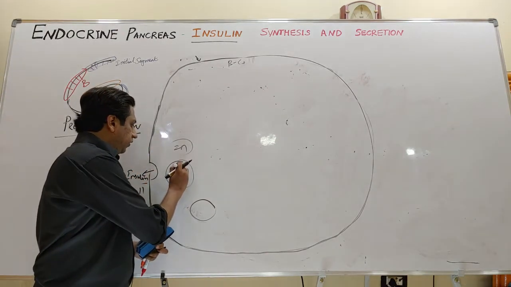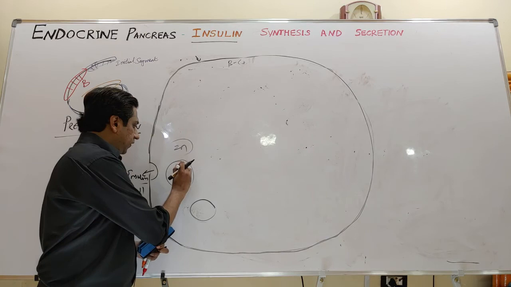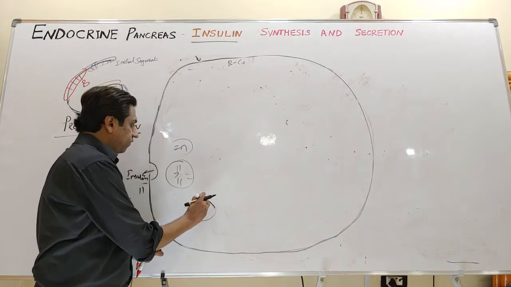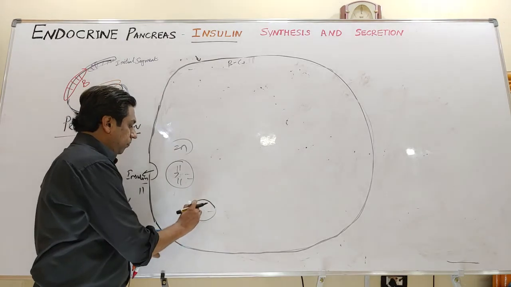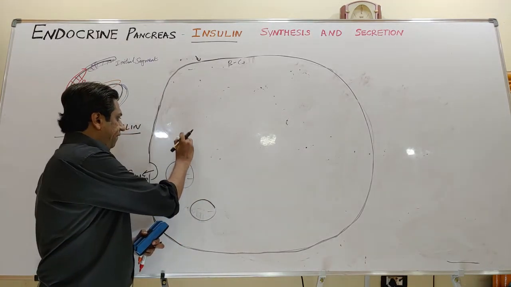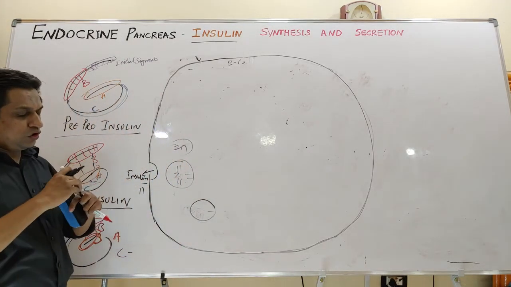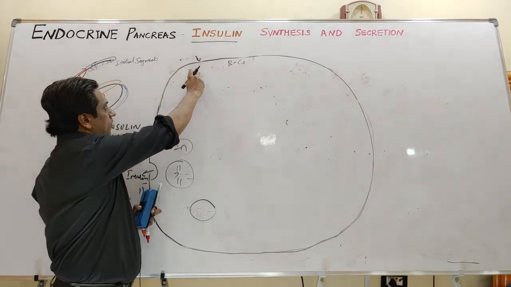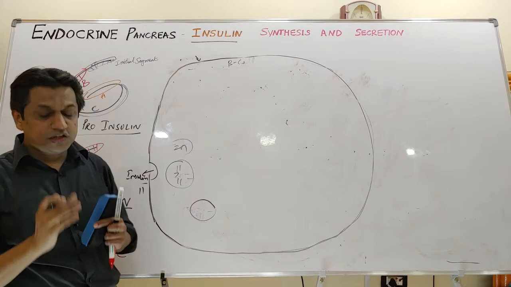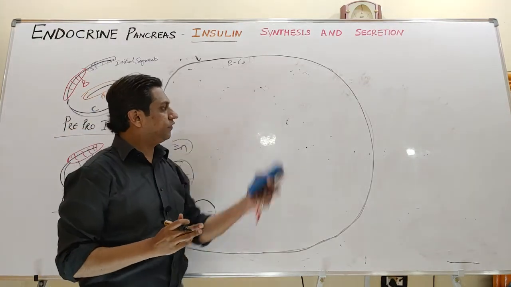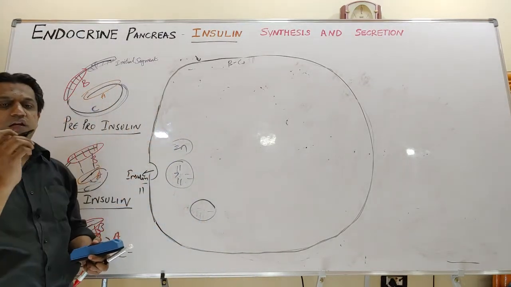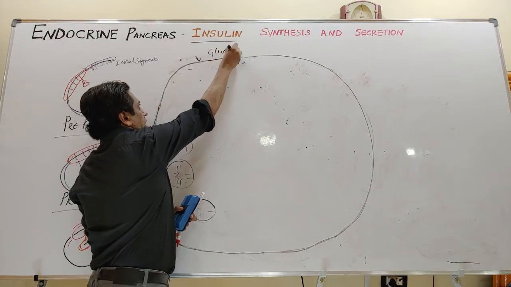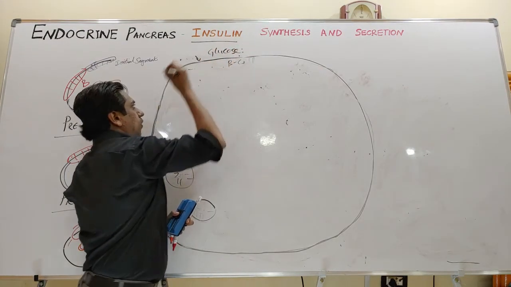Along with zinc, these insulin molecules will be present as hexamers. So the important stimulus for the secretion of insulin from the beta cell is glucose.